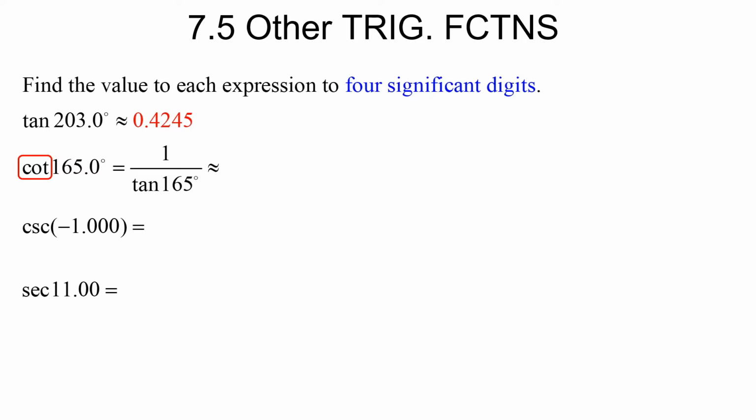So I'm going to go 1 divided by tangent of 165 degrees, close that parenthesis for the angle. And this one, 4 sig digs, that 3 is your first digit, and then we've got 0.732, and the digit after the 2 is 0, so I don't have to round up, so I'm going to say -3.732.